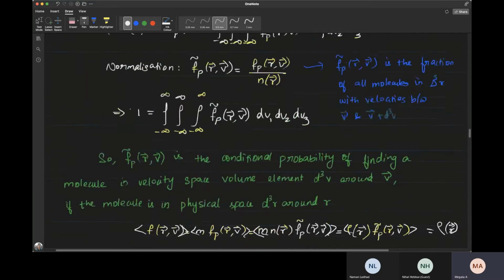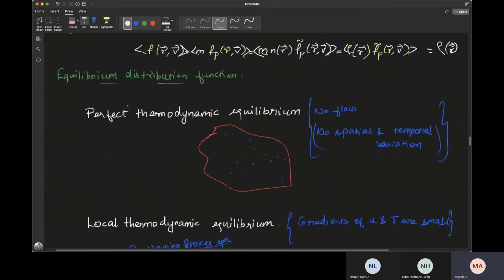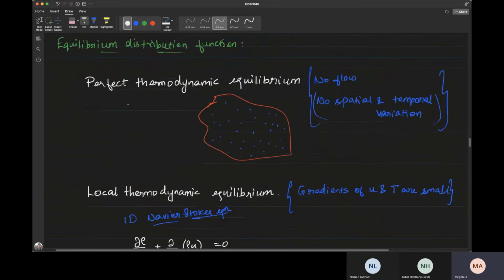So now that we have defined our molecular velocity distribution function, let us now define our equilibrium distribution function. In thermodynamics, we would have come across the so-called perfect thermodynamic equilibrium, where you don't consider any flow. You consider your domain, that is the whole system, to be in perfect thermodynamic equilibrium.